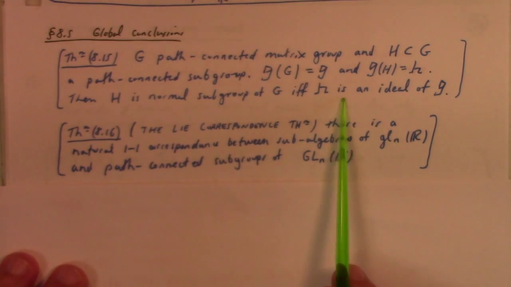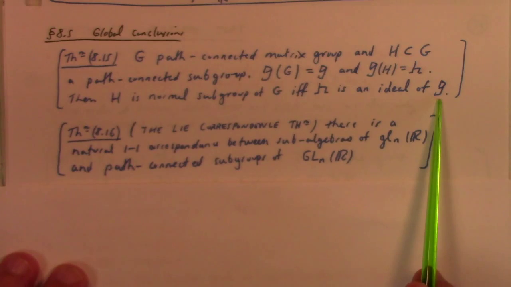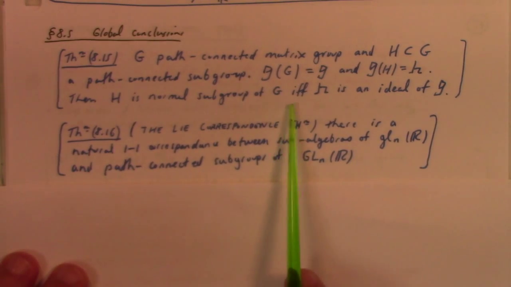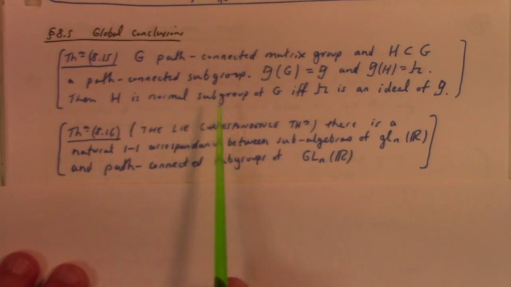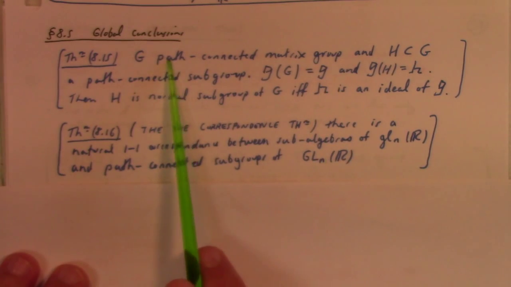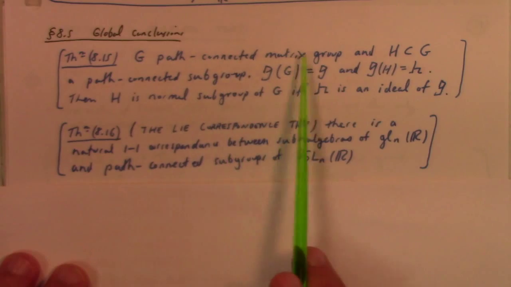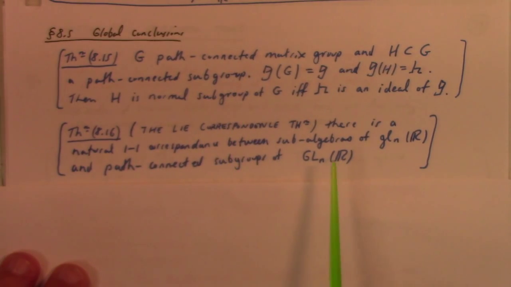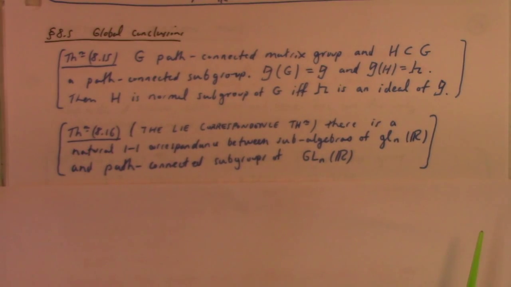So that's basically saying ideals at the level of the algebras connect to ideals at the level of the group, subject to this mild topological condition that we're talking about a path-connected group and a path-connected subgroup. All right. Otherwise, you can have some kind of, well, we'll get to it eventually.